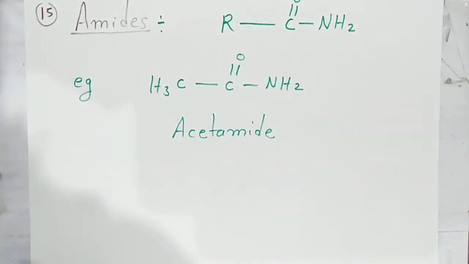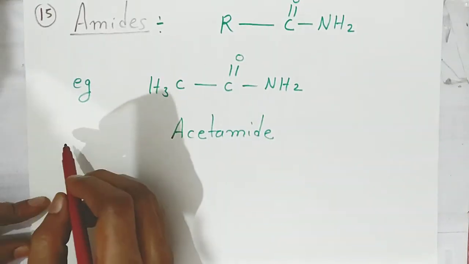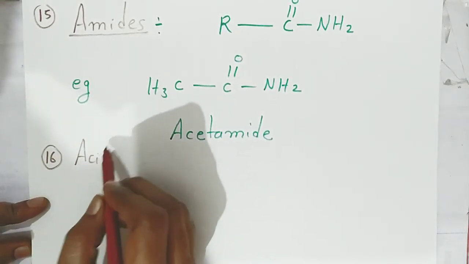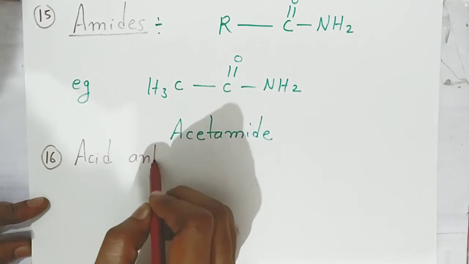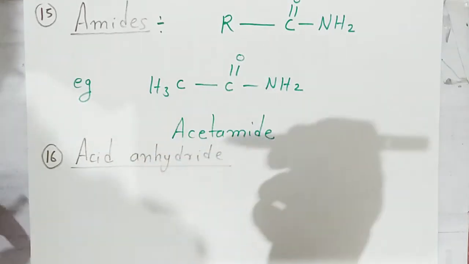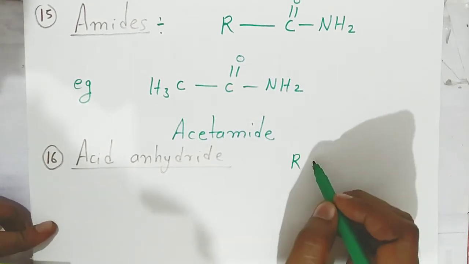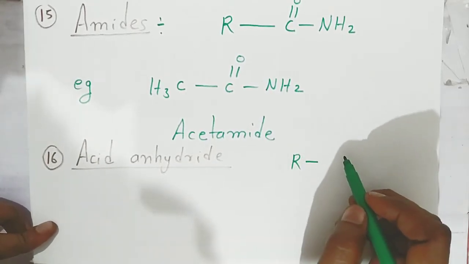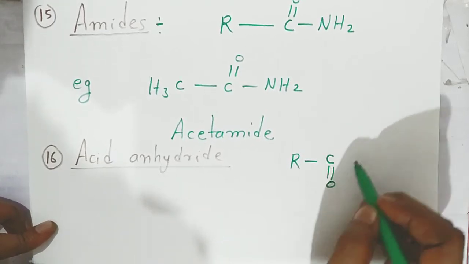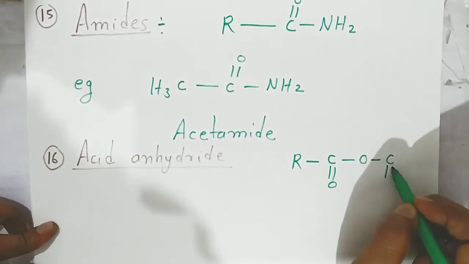Now students, the 16th we will see is called acid anhydride. This is a very important functional group, students. When hydrogen of the alkane is replaced by the anhydride group, two carbonyl groups are attached to the oxygen.